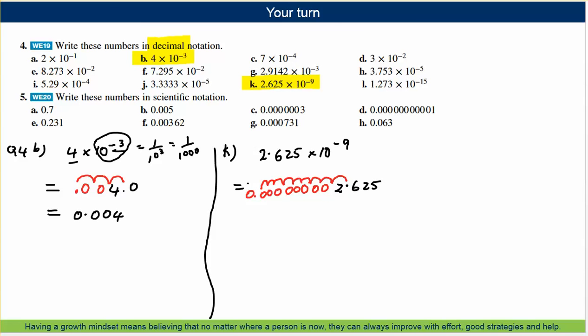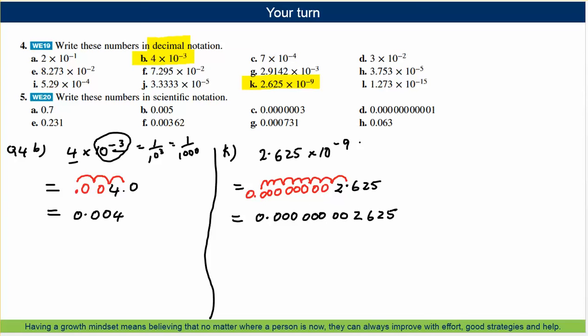So let's write out the actual nice neat answer. We get 0.3 zeros, another 3 zeros, then 2 zeros and a 2. And then I write the rest of the number, 2625.